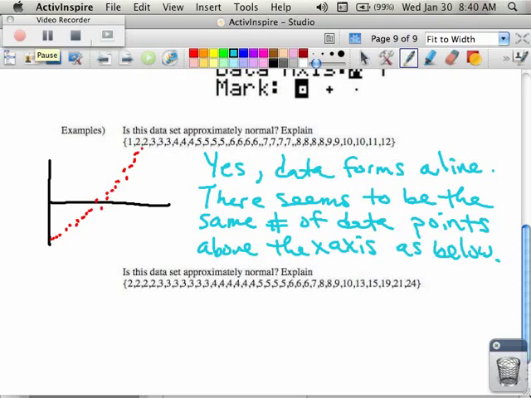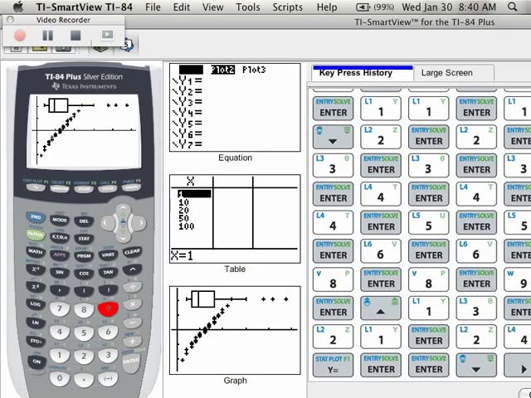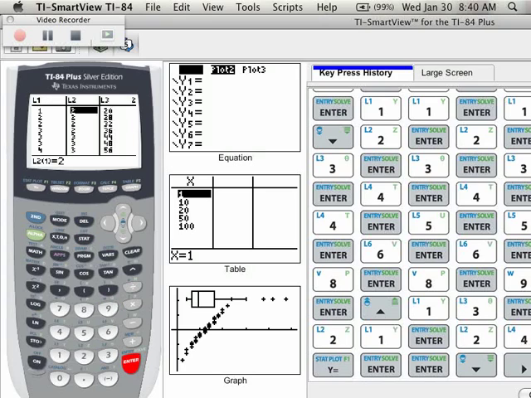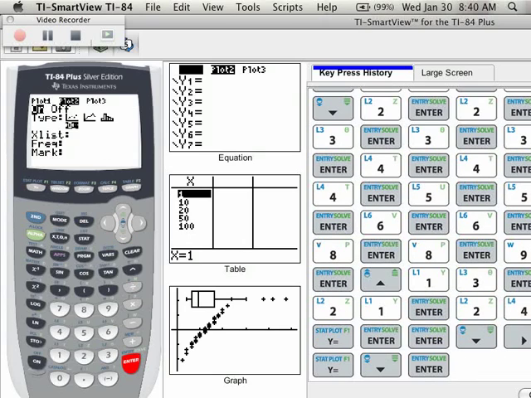In the second example, if you look at my calculator, when I went to stats, I put all of my data in list number 2. You don't have to put it in list number 1, but you have to be careful when you do your stat plots. So when I go into my stat plots, I'm going to shut off my second plot first so that it doesn't show up again.